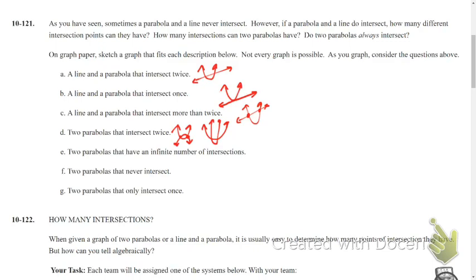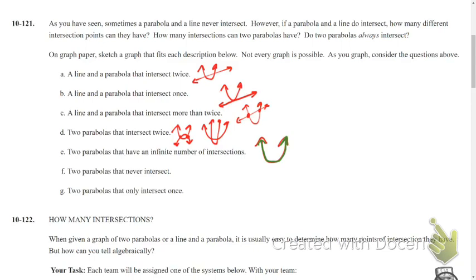For part E, 2 parabolas that have an infinite number of intersections. No problem. If I have a parabola like that, and then I have another parabola right above it, basically it's 2 exact same parabolas. They have an infinite number of intersections.